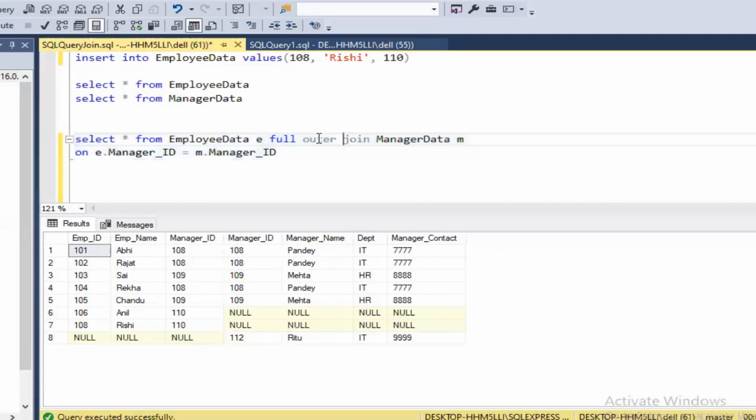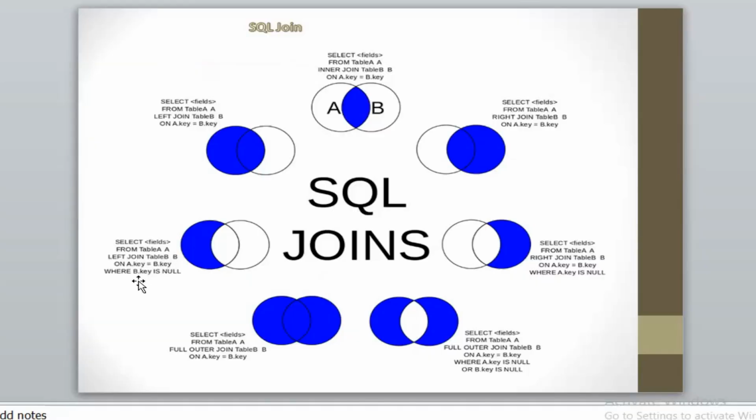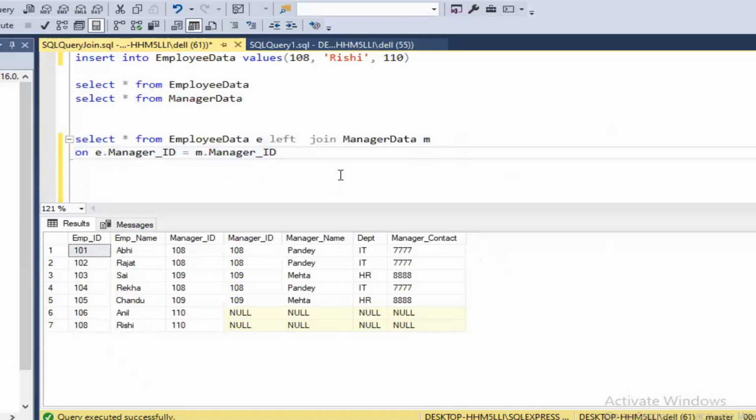Let me show you one example, the left join. If you see here, it gave me these things, right? And what was the condition? Where B key is null. So let's see by running that.